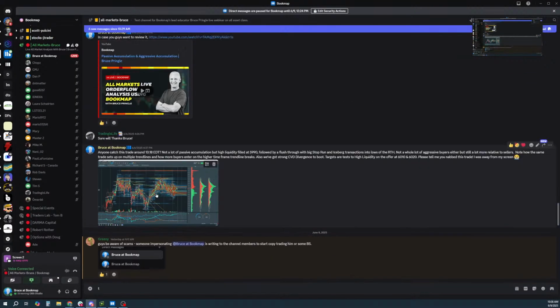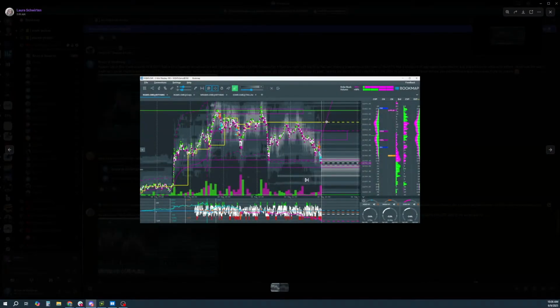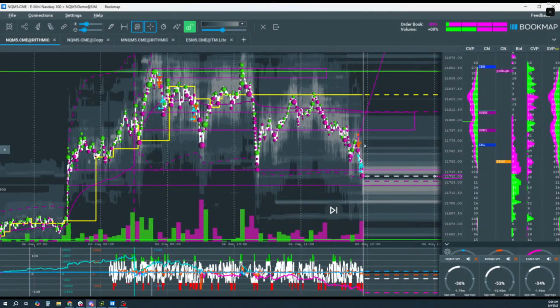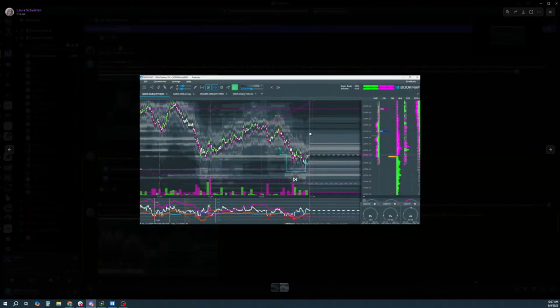All right, so anyway, I had asked if anyone had traded this or caught this, and I was really hoping that many had. Laura said no, she didn't, because she was going short in here on the move down, looking for that flush through into these areas. Fantastic trade, Laura, because this is the low volume pullback trade.